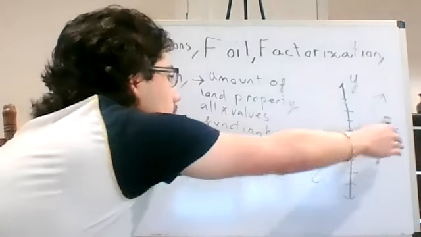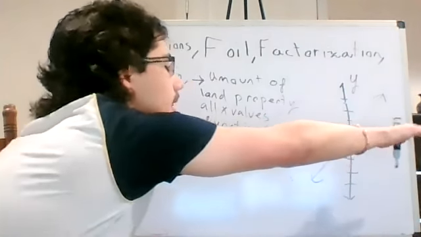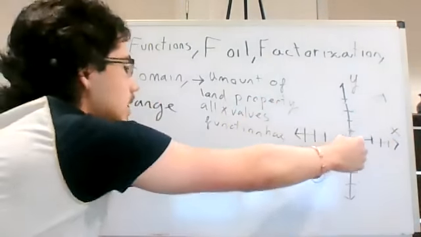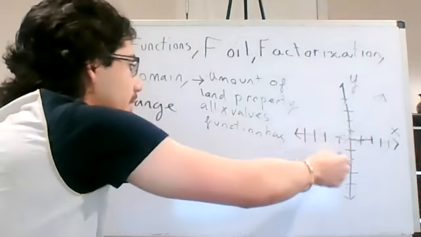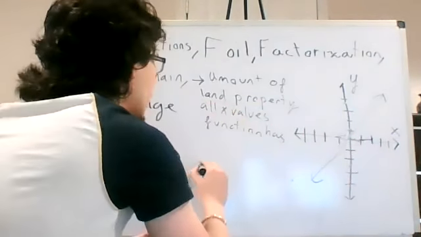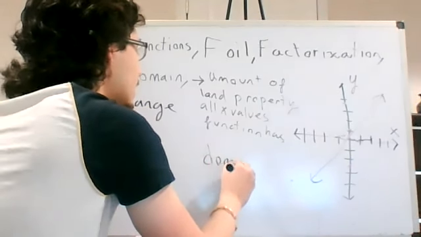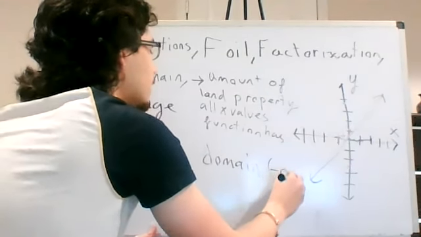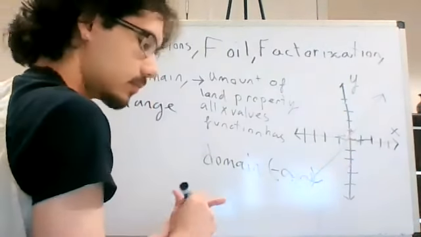It continues all the way to negative infinity in the x direction and all the way to positive infinity in the positive x direction. Because the function continues forever and has a y value for every x on the x-axis, it has a domain of negative infinity to positive infinity.